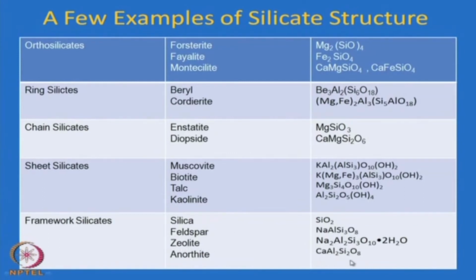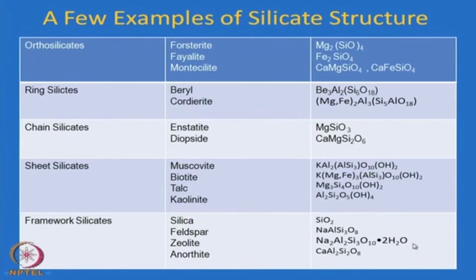Same is the case with zeolites. Zeolites, as you know, are very important for many different purposes, once again because of their crystal structure. We will not be discussing much about these things, so I am spending little time on this. Once again, it has a framework structure, and some of the silicon has been replaced by aluminum, sodium has been added, and in addition you have some hydroxyl ions also.